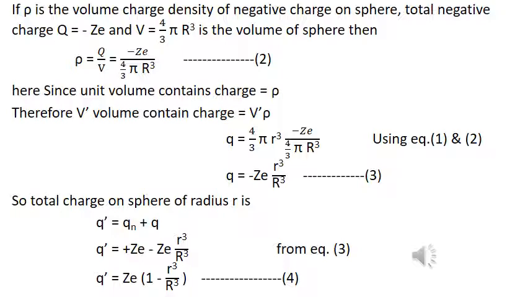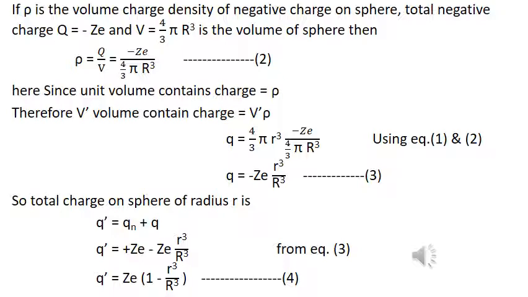So let that charge be Q. By putting all the values from equation 1 and 2, we get the value of charge Q is equal to minus Ze small r cube upon capital R cube.